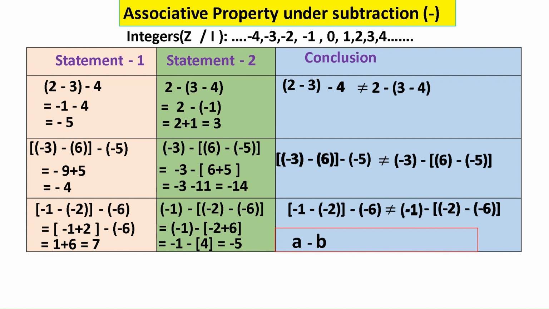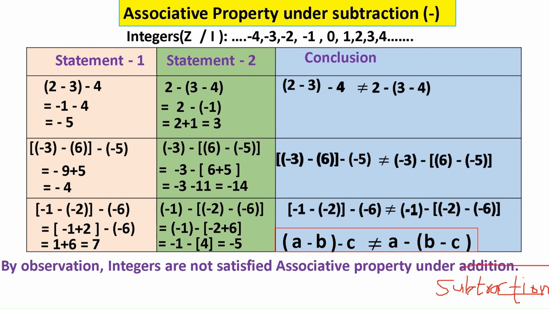From this table we observe that if a, b, c are integers, a minus b minus c, if we do a minus b first and then minus c, and in the second condition, a minus b minus c, if we do b and c subtracted and then the result of b minus c subtracted from a, we could not get the same results by statement 1 and statement 2.